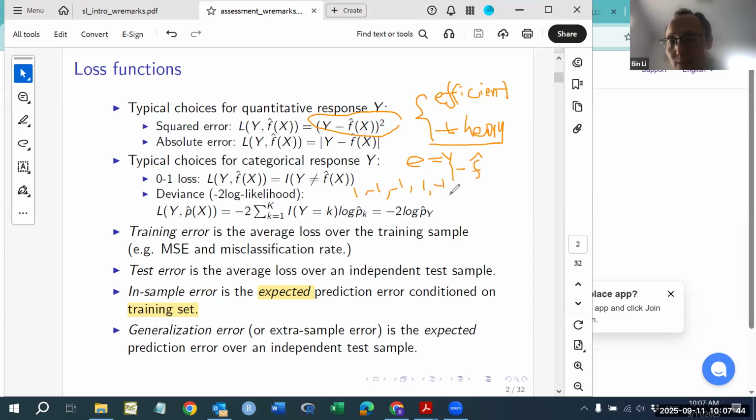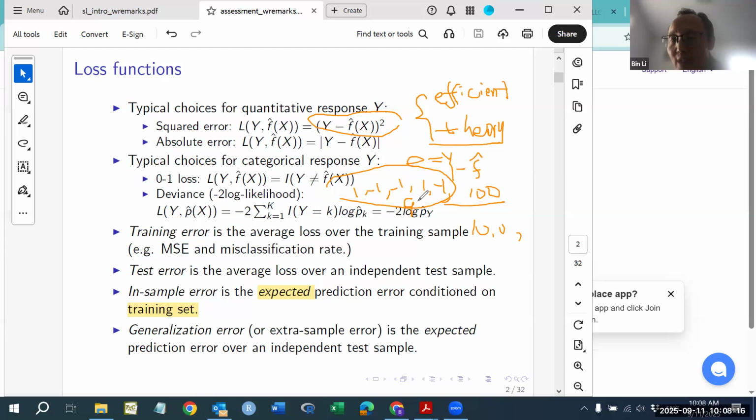Let's say. But we have one observation which has a residual equal to 100. So based on the squared error loss, all these 99 data points are useless. Why? Because when you take the square, this one becomes 10,000. Is that right?